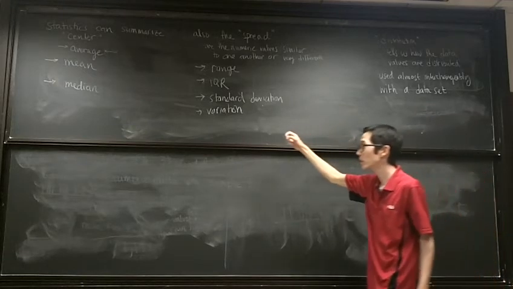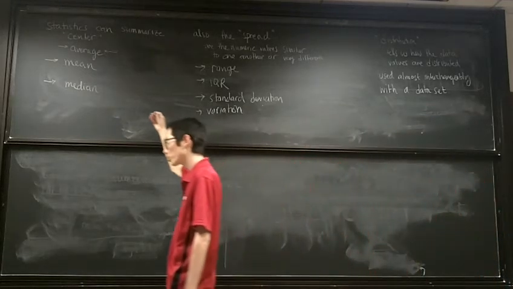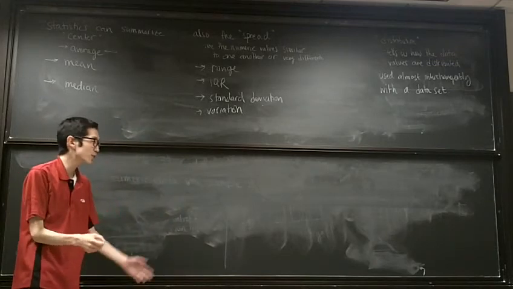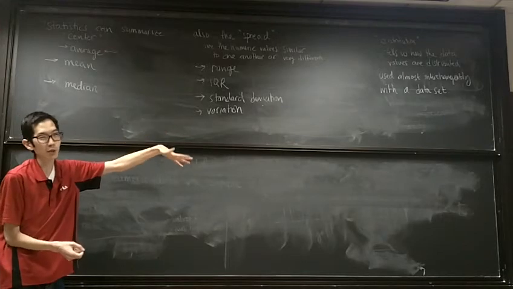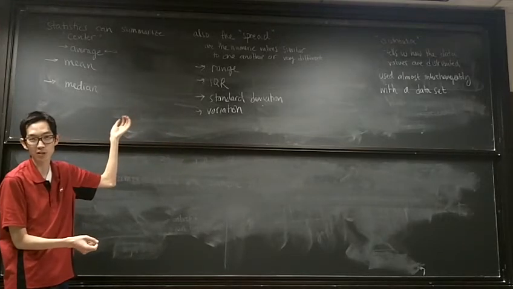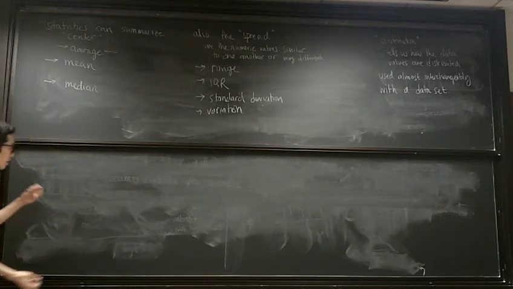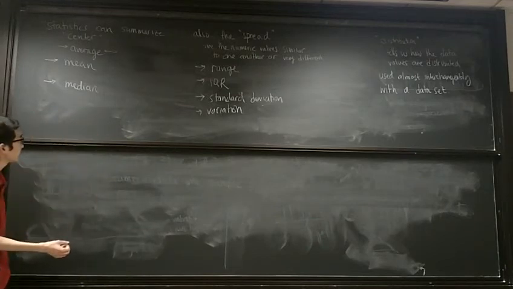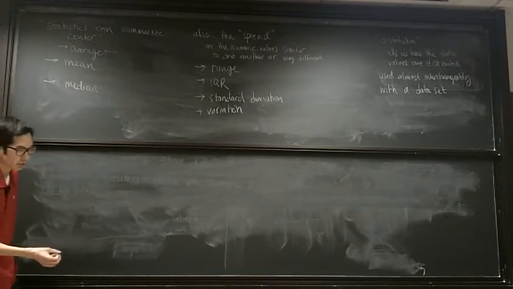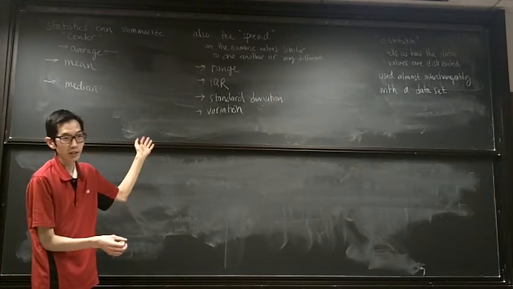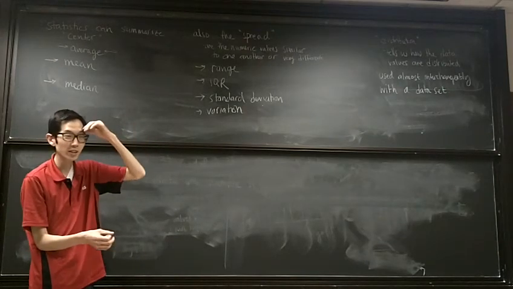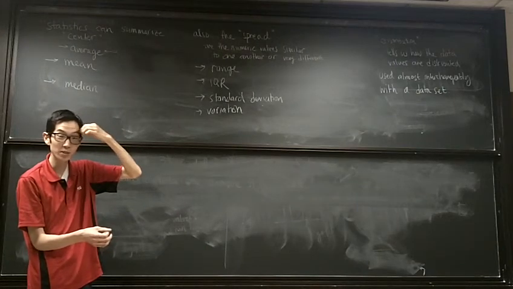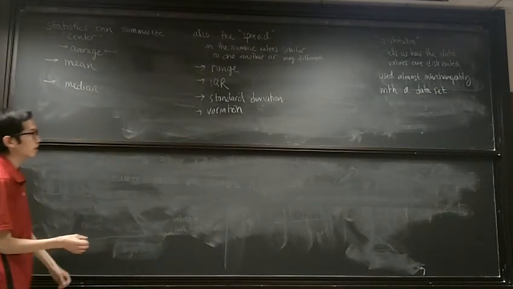So the book might say, this number is useful for symmetric distributions. But the truth is, the ones that the book labels useful for skewed distributions can also be used for symmetric distributions. Okay, so no matter the shape, we can still calculate mean, median, range, IQR, standard deviation, variation. Okay? These numbers, however, can only be calculated for numeric variables. We cannot calculate these for categorical variables. Okay, so only for numeric data.